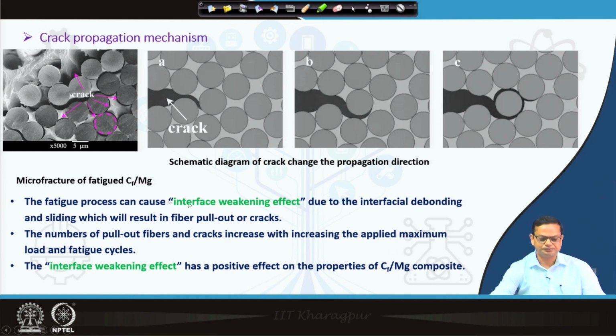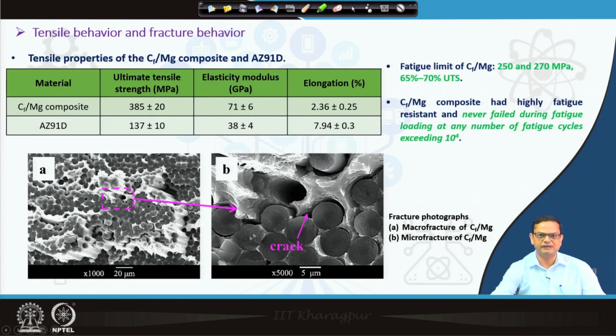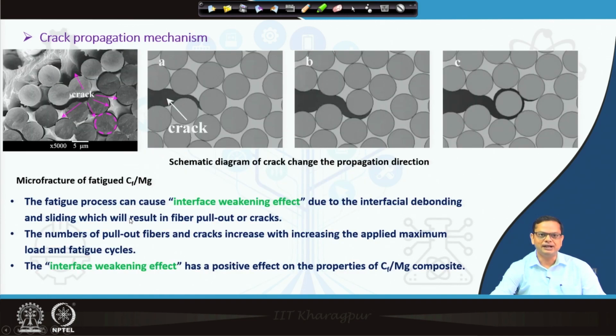What it says here is that the fatigue process can cause an interface weakening effect due to interfacial debonding and sliding, which will result in fiber pull out or cracks. That is what you are seeing here: interfacial weakening is happening, and that leads to crack generation and this kind of fiber pull out, which you saw earlier. The number of pulled out fibers and cracks will definitely increase with increasing applied maximum load and fatigue cycles.